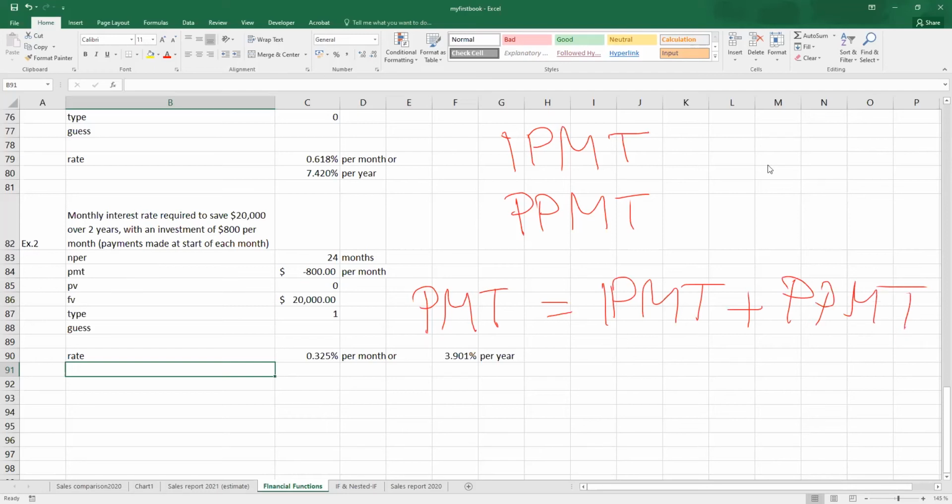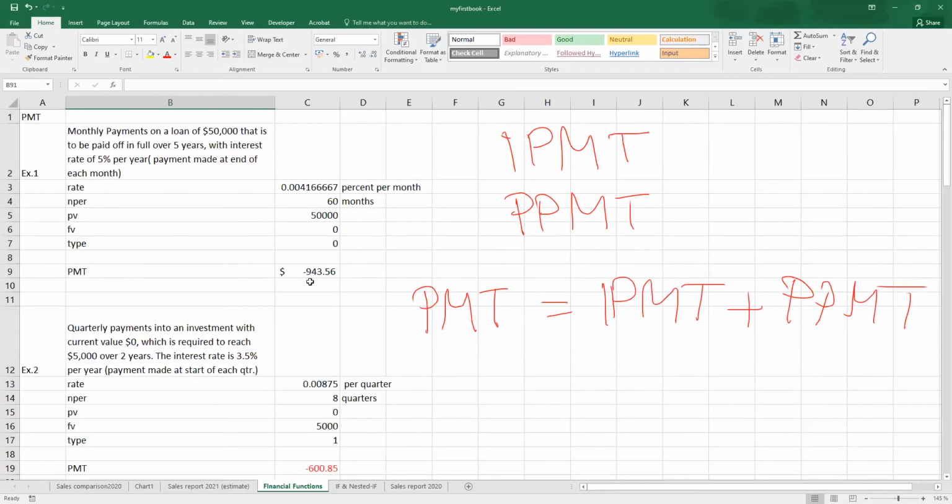So if you remember, let me scroll up to the very first example of the financial function that we learned. You can see that for the first function that we learned, PMT, the first example, 943.56.